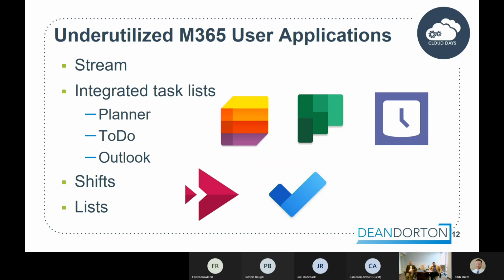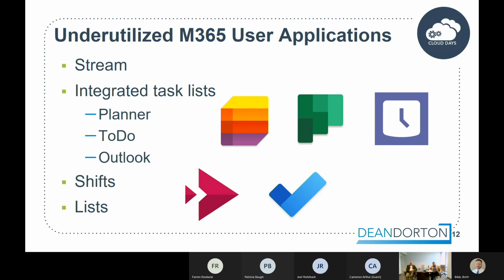Especially when it comes to Sway and right now Viva and Yammer, and all of those applications kind of have their own purpose. So if you get off this call and say, oh wow, there's 10, 12 applications we're not using, don't go out and implement every one of them because there's too much overlap and you're going to end up with confused users not knowing where the appropriate place to communicate is or to collaborate or where to find information.